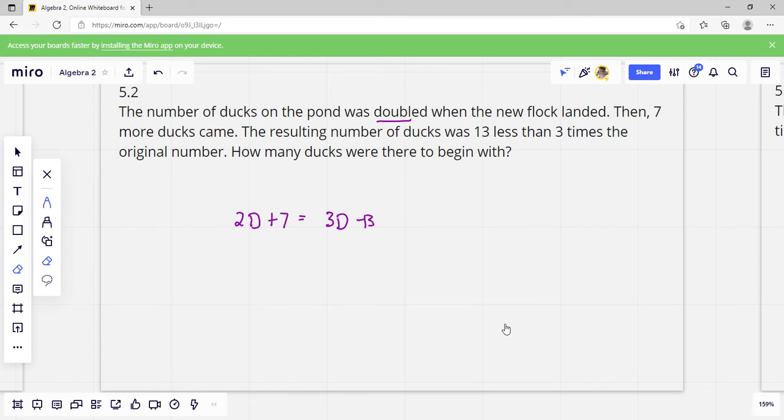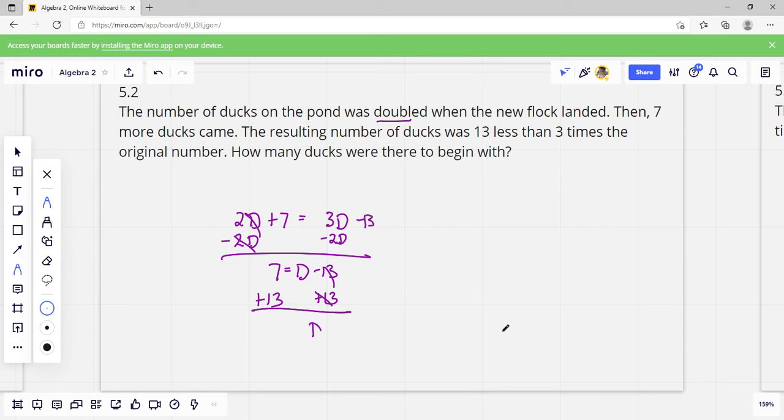Alright, now we just solve, so I'm going to get my ducks together, and I'll have 7 equals, nope, that'll just be 1D, D minus 13, and then I'll do plus 13, and I get my ducks equals 20. So that's how to do that one.